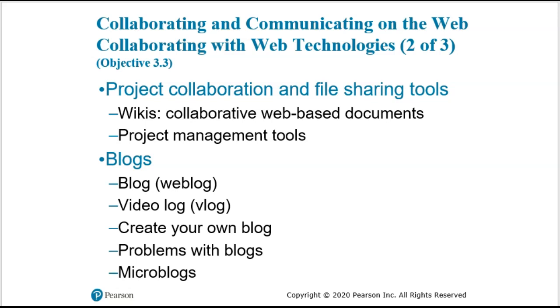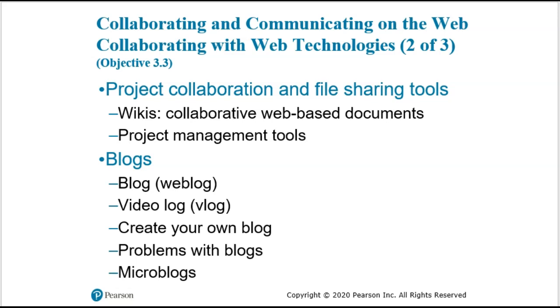So it tracks who has changed what in a document. It allows you to keep version history so that you have the original document and any changes that have been made to it. Another popular place for sharing information and working collaboratively are wikis.